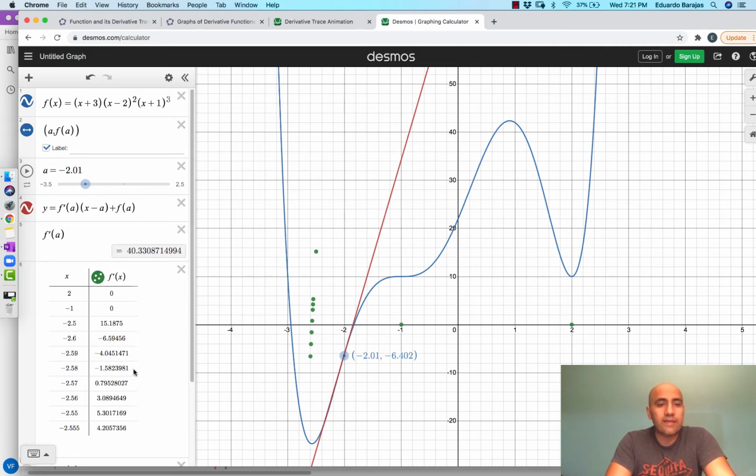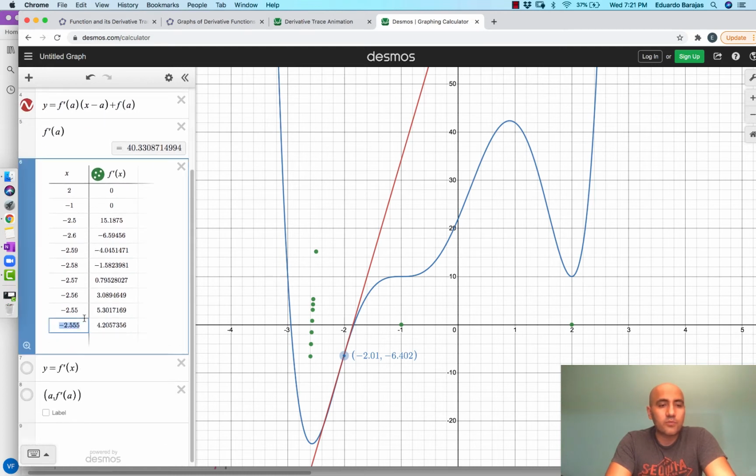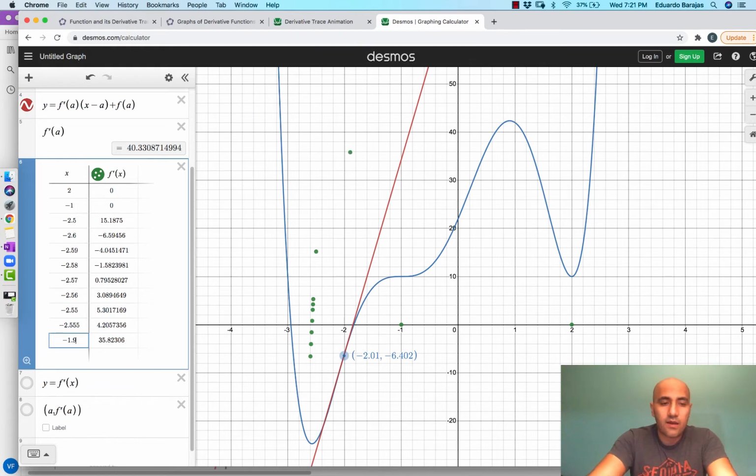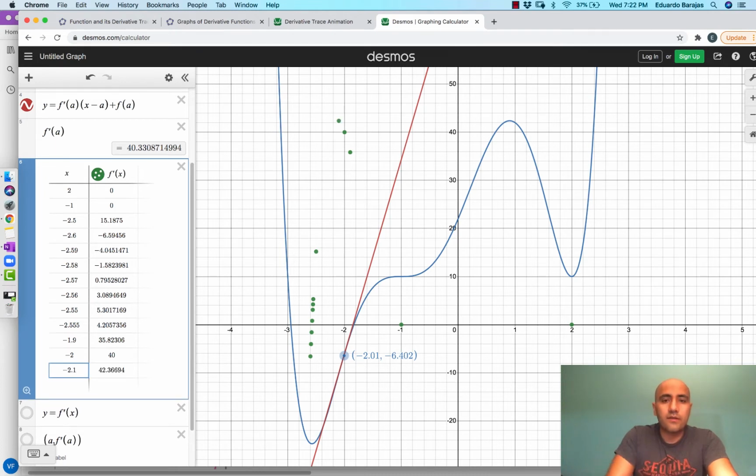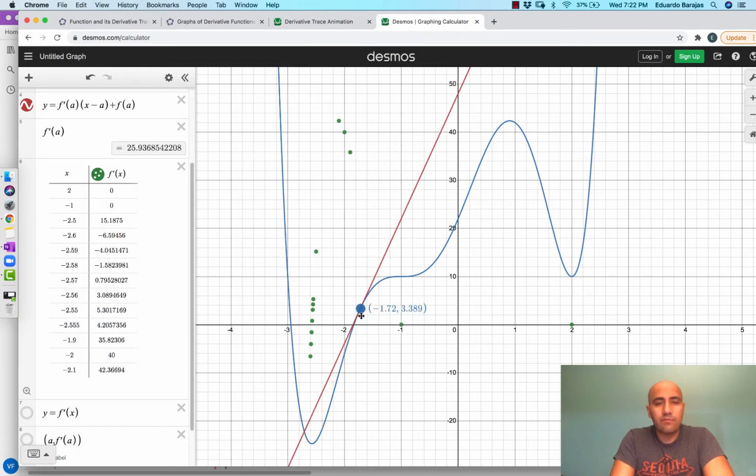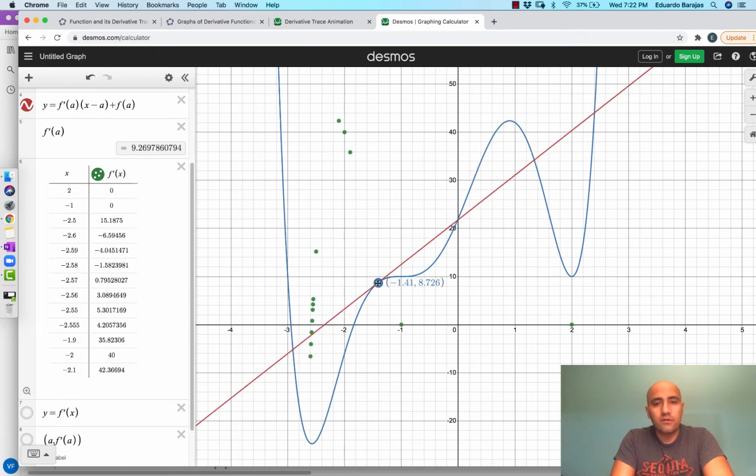So it looks like somewhere around negative 2. Let's figure out what those slopes are going to be around negative 2. So negative 1.9, negative 2, negative 2.1. We start to see that they form values up here somewhere. And then as we come this way, we see that the slopes are getting smaller and smaller and smaller until they go to 0.